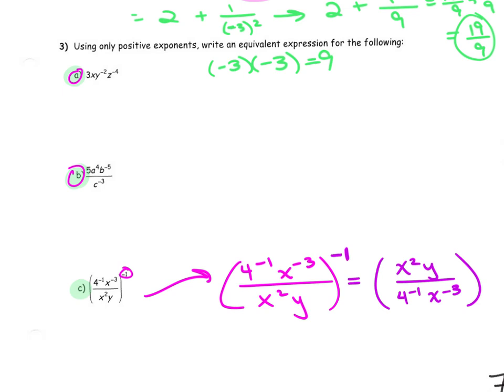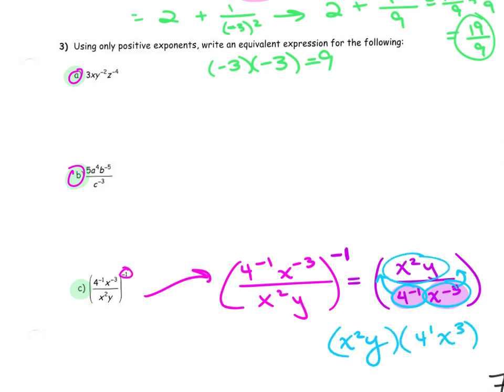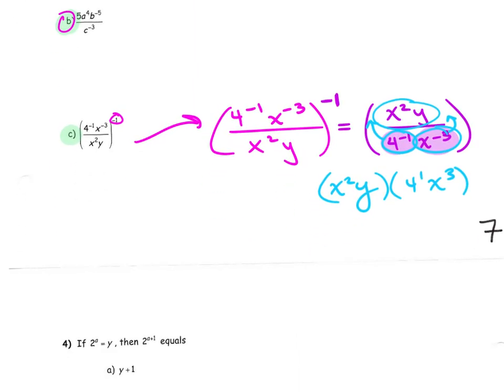We want to deal with these negative exponents down here. We want to make them positive. So to get rid of those negative exponents, we're going to bring them up to the numerator. By doing so, we have now eliminated that negative exponent. And again, just continuing to simplify.